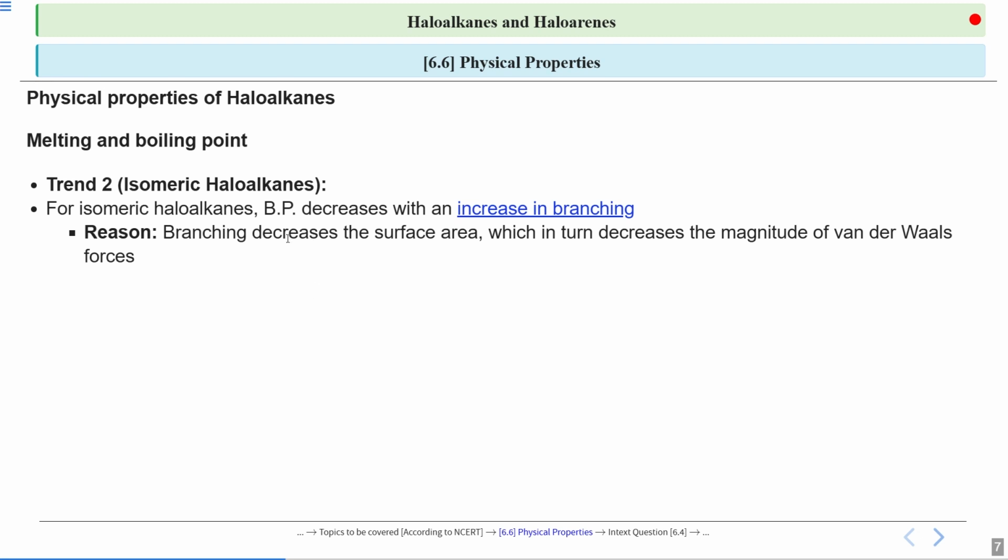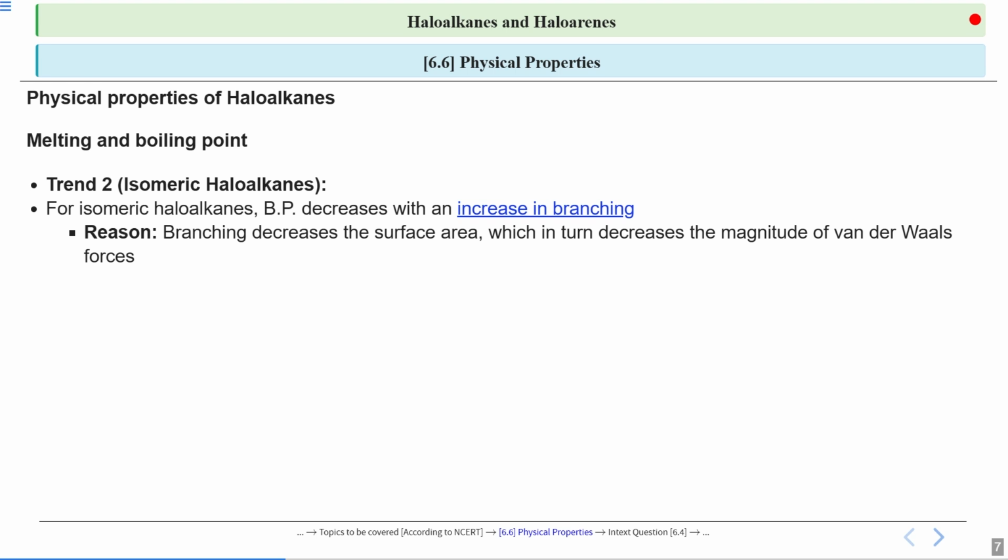The branching of the chain decreases the surface area of the molecule, which in turn decreases the magnitude of van der Waals forces. Right? So if the surface area decreases due to the branching, this will cause a decrease in the magnitude of van der Waals forces shown by the haloalkanes. Right? And this is the reason why their boiling points will also decrease.